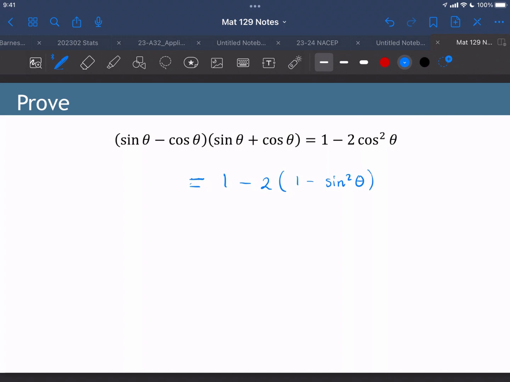So, yeah, I'm not convinced that that's really a great idea, but we could run with it. 1, and so that's minus, so minus 2 times 1 is minus 2. Minus 2 times that is a minus 2 sine squared theta. And so 1 minus 2 is a minus 1.